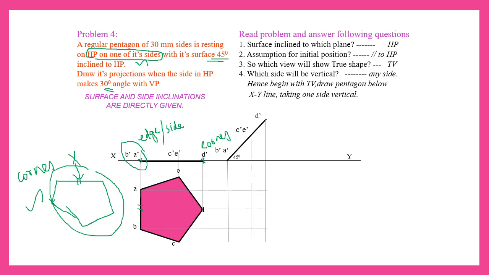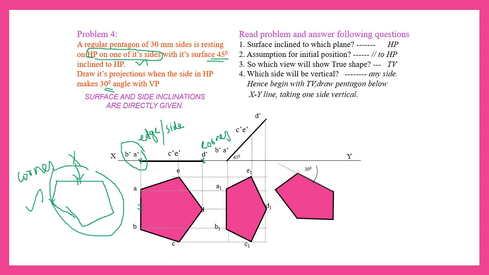points horizontally. You will project all these points. Now you will get the top view. Okay, second top view. Now the final top view. In the final top view, one of the sides will be inclined 30 degrees. So any one of the sides. Here A1 B1 will be inclined.